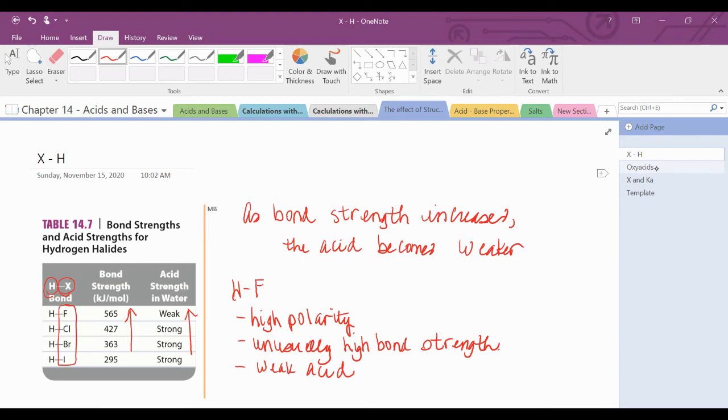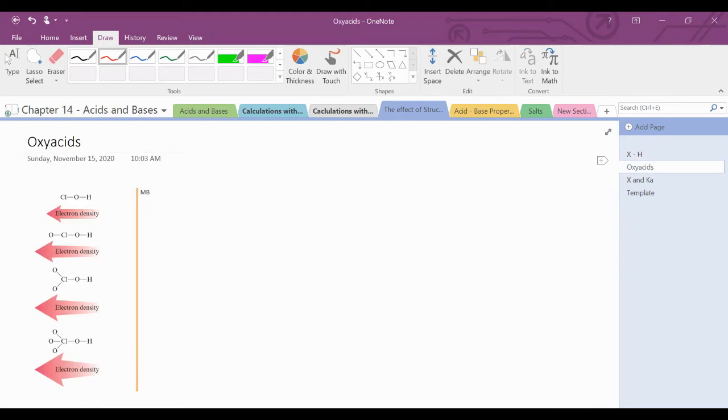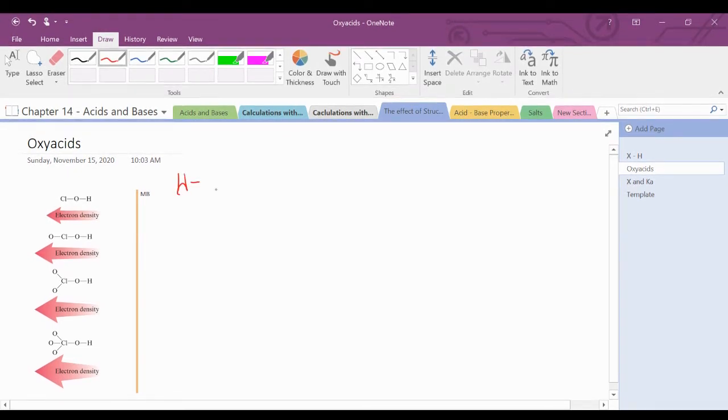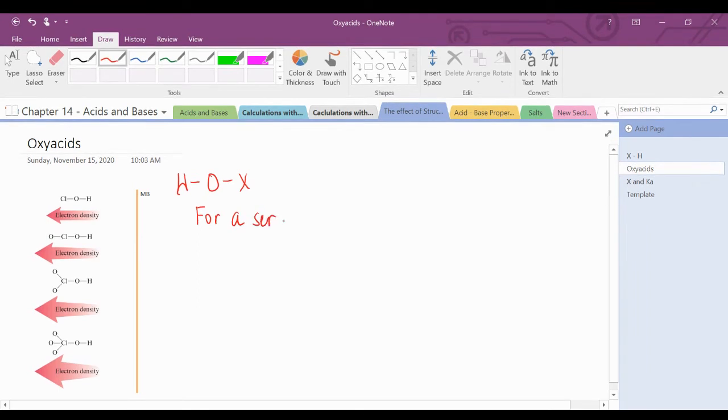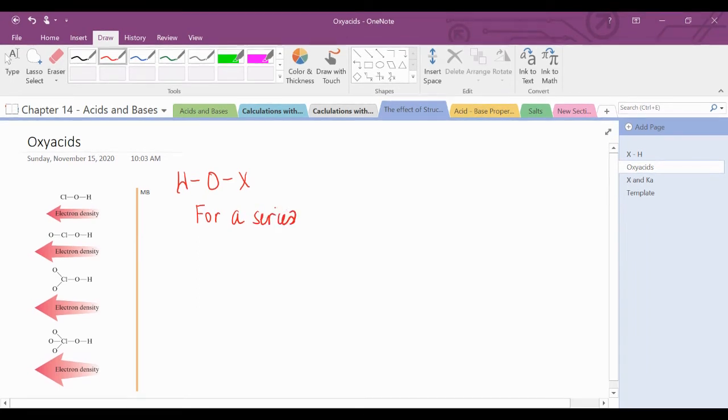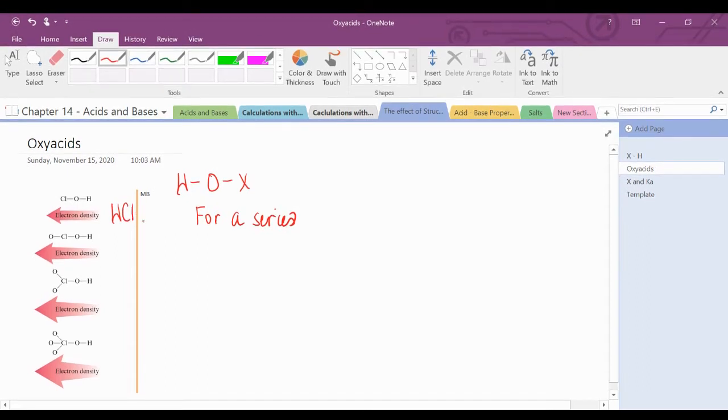All right, let's talk about the structure of oxyacids. To be an oxyacid, you have ionizable hydrogen attached to an oxygen, and that oxygen is part of a polyatomic ion. In this case, we're going to look at oxyacids for a series. Here's my series. I have hydrogen, 1 chlorine, and 1 oxygen.